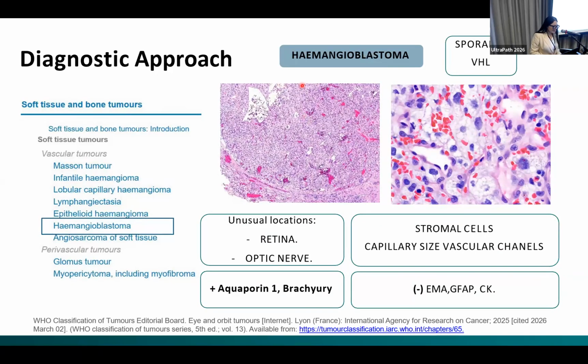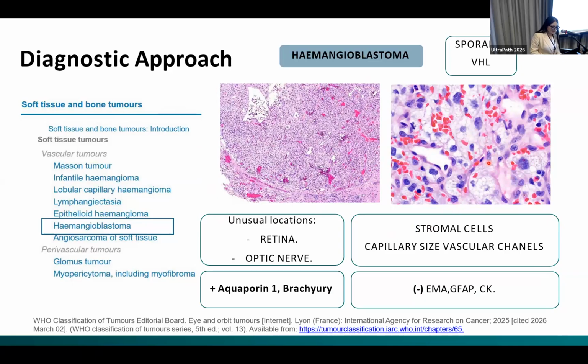Another possibility, given the location and that the patient is young, is a hemangioblastoma. Well, the most frequent location is in the cerebellum, but other unusual locations are the retina and the optic nerve. And it's composed of two types of cells, the stromal cells and these abundant capillary-sized vascular channels.